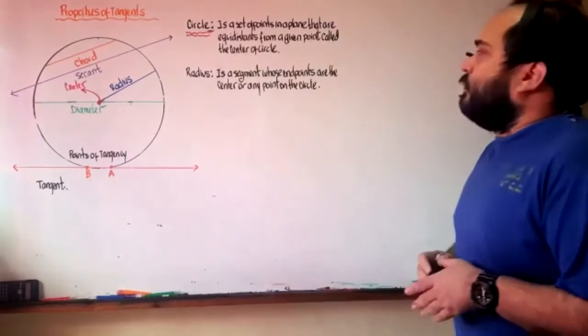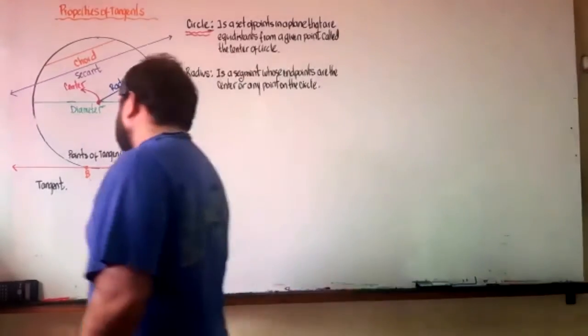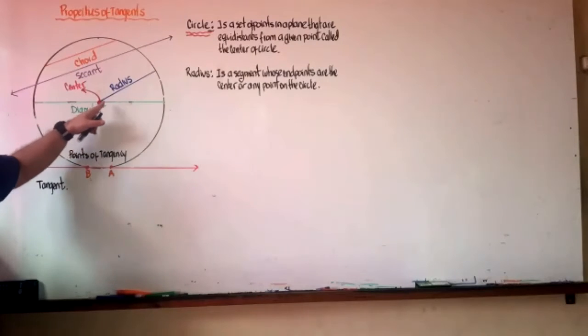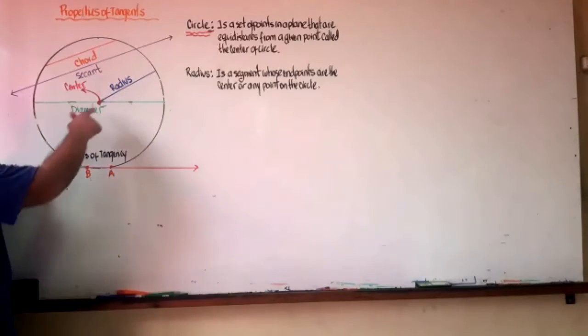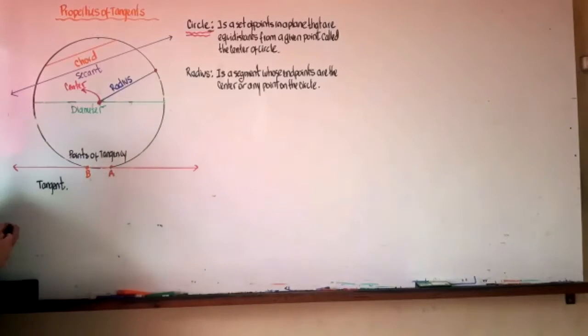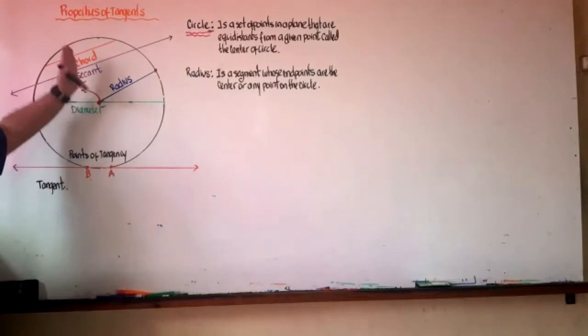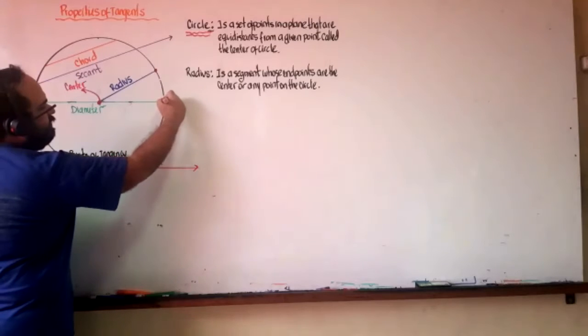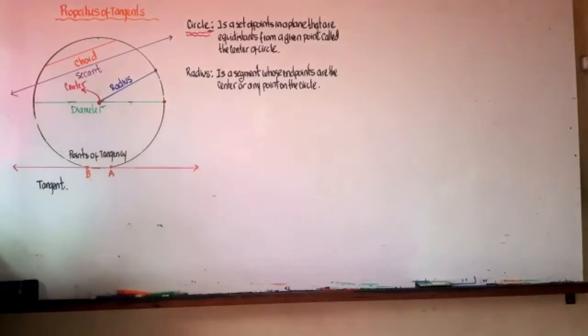Simply put, the definition says a radius is a segment whose endpoints are the center and any point of the circle. For example, we have the initial point and the ending point over here, the blue one, or for example this red point, which would be another endpoint.